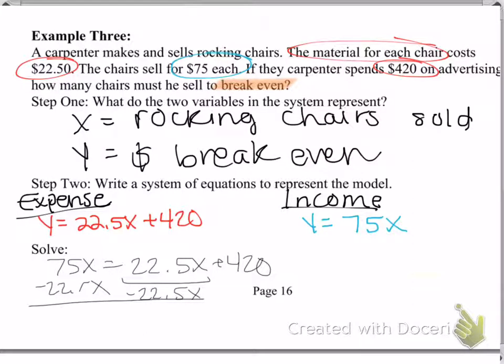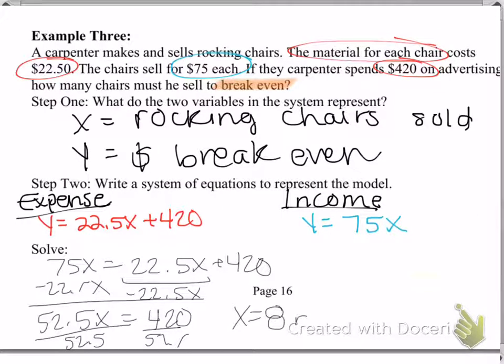So 75 minus 22.5 gets you 52.5x, which equals 420. Well, when you divide by 52.5 on both sides, you have x equals 8. X equals 8 rocking chairs.